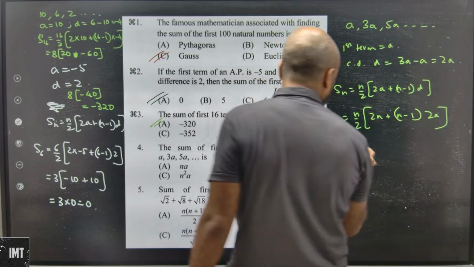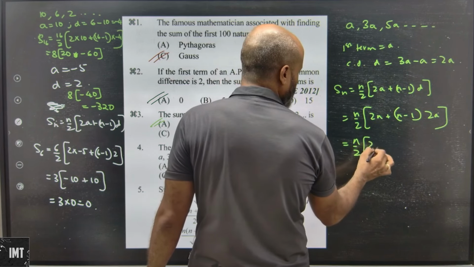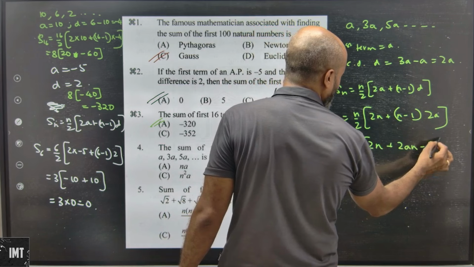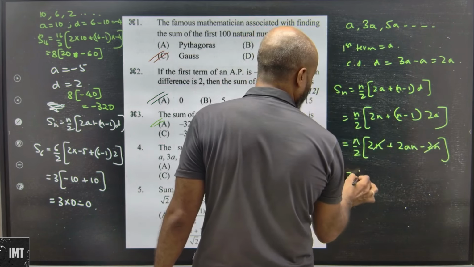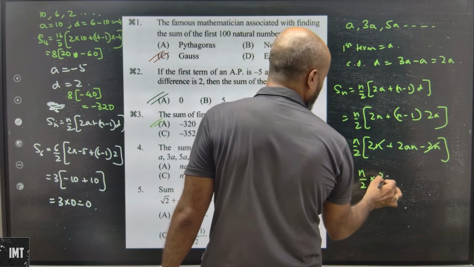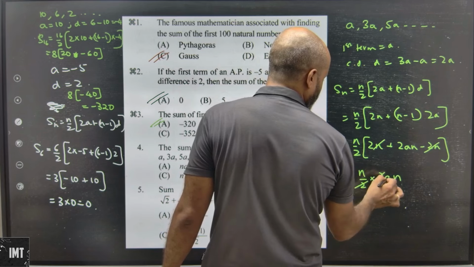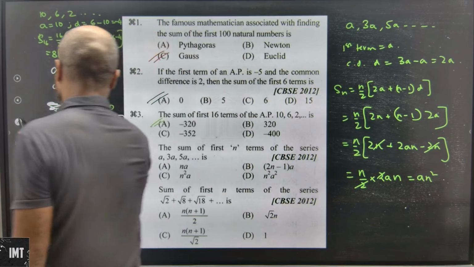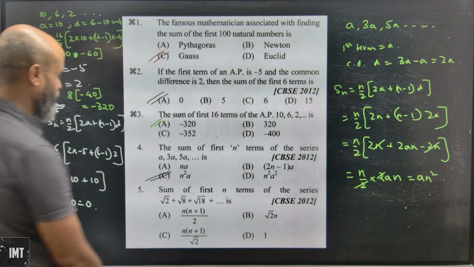So let's solve this here. This will be n by 2, 2A plus 2An minus 2A. So this gets cancelled. We have here n by 2 into 2An. So here 2 and 2 get cancelled. So this will be A n square, or n square A, one and the same thing.